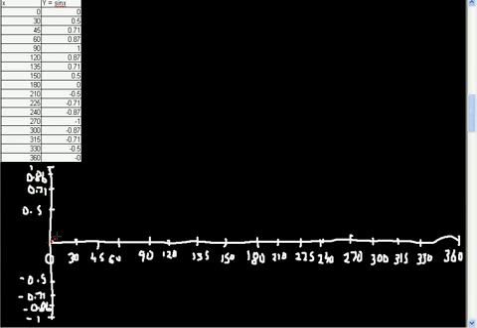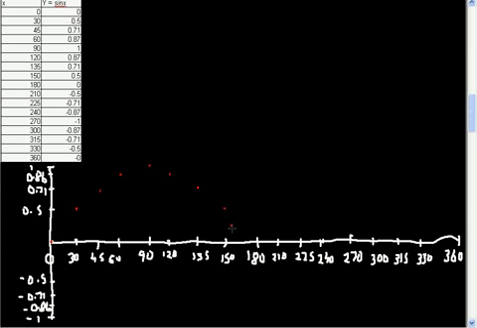At 0, the sine value is 0, and at 30, it's 0.5. At 45, it's 0.71 approximately, and at 60 it's 0.86 approximately. Should be 0.87 really, never mind. At 90 it's 1. At 120 it's the same as 60. 135 is the same as 45.